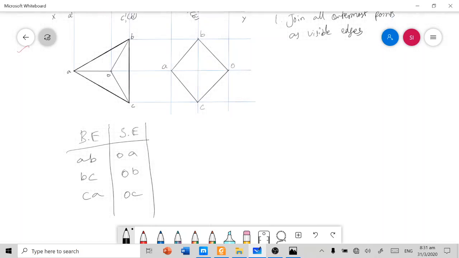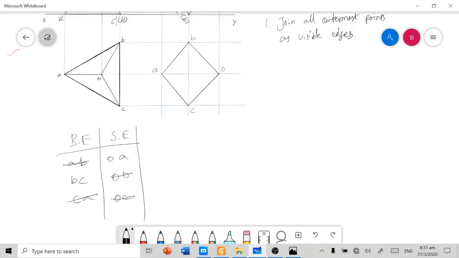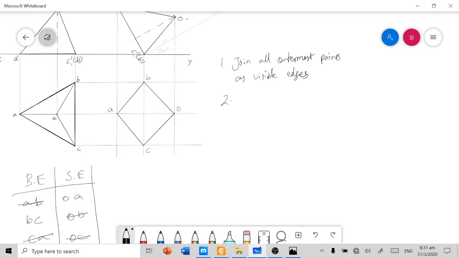By connecting the outermost corners as visible edges, I identified AB and OB, OC and AC. The only remaining two edges are BC and OA. As per the second rule, you need to join all remaining face edges as visible edges.